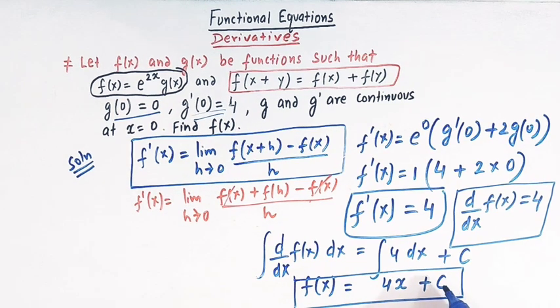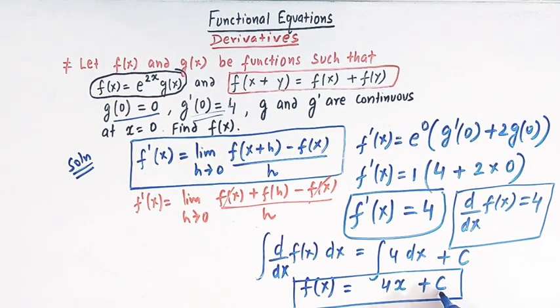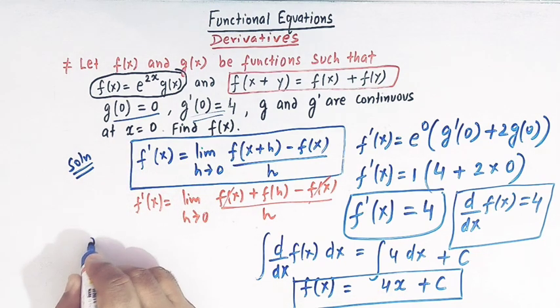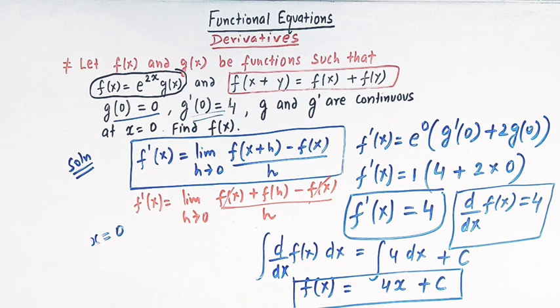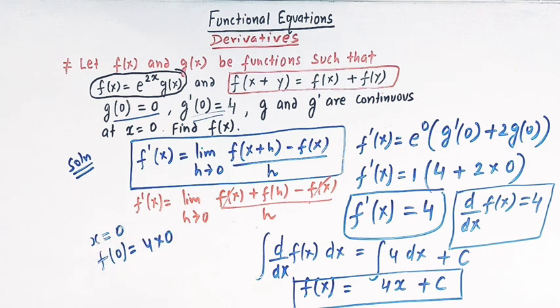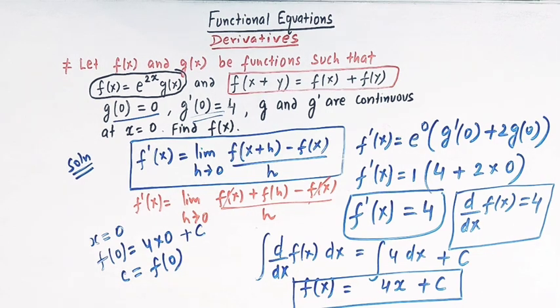So now let us find this constant, right? In order to find this constant, we'll make use of the boundary conditions. Here, when x is equal to 0, we have f of 0 equal to 4 times 0 plus c, right? So c is equal to f of 0.